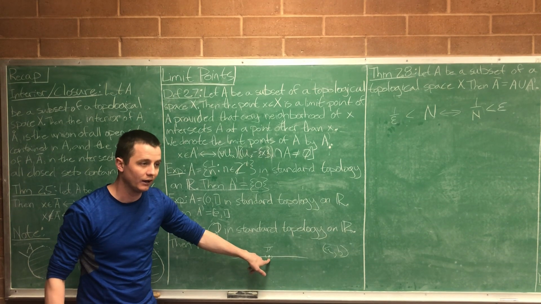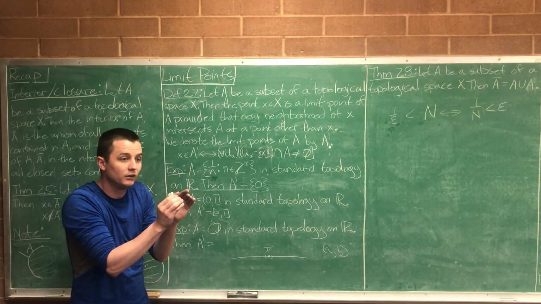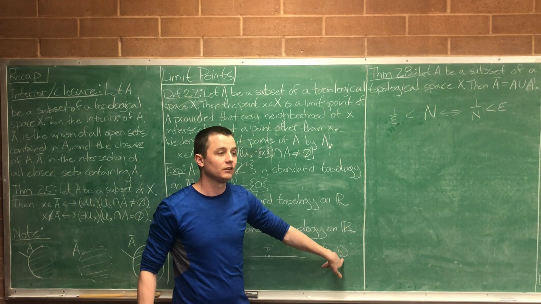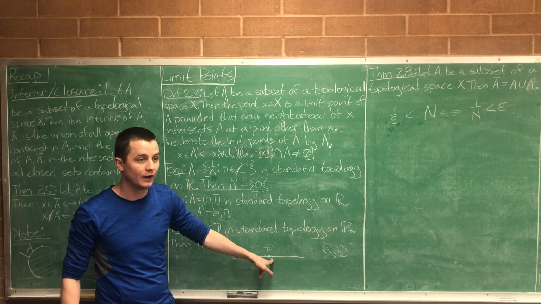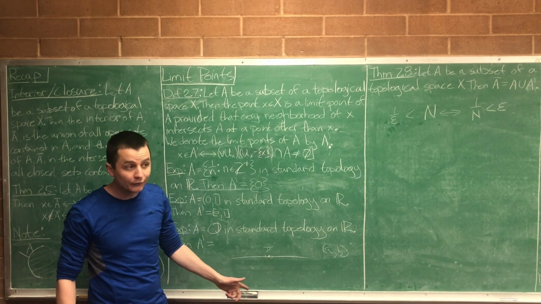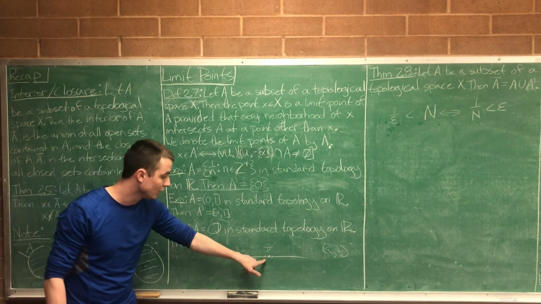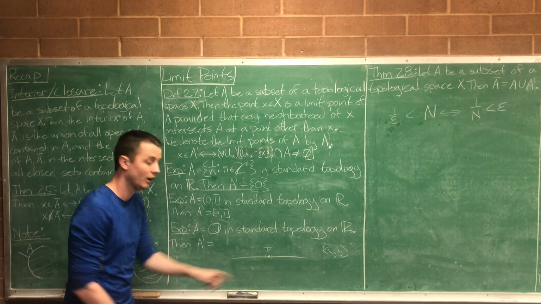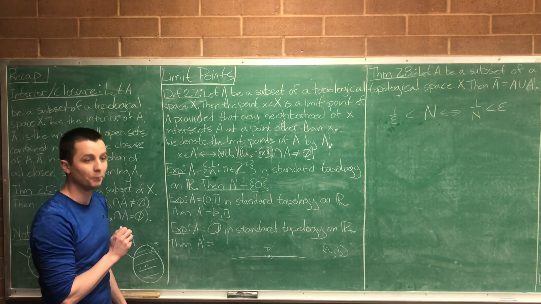All we need to know is that any teeny tiny interval containing pi is guaranteed to contain a rational. Since pi is irrational, it's not in A, so the interval contains a point other than pi in A. So pi is a limit point.